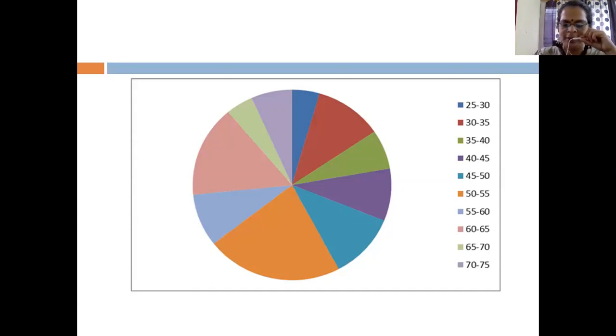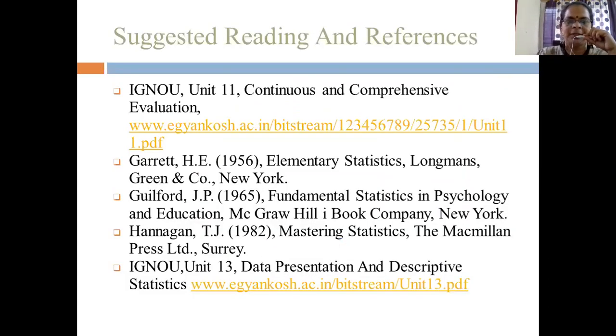Some references are given for whatever we have discussed so far. How to construct it, you will get from high school books, but still you have to make it.